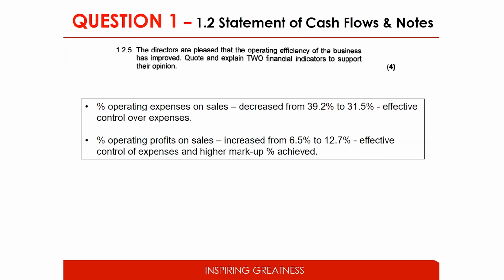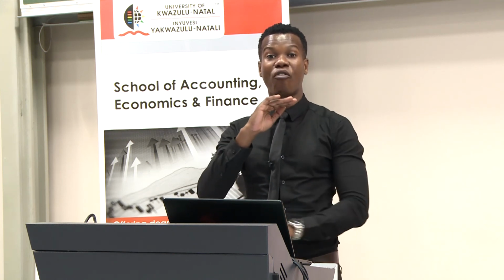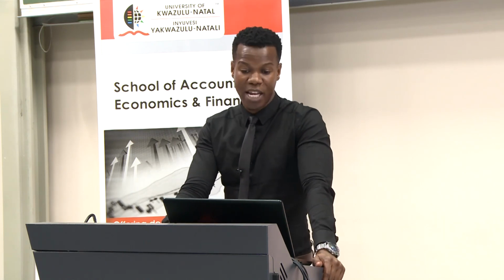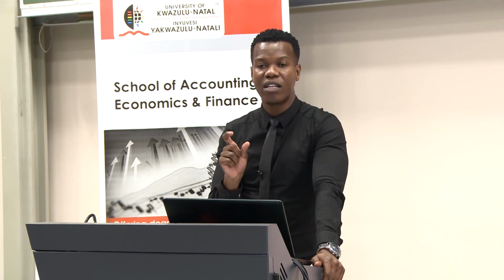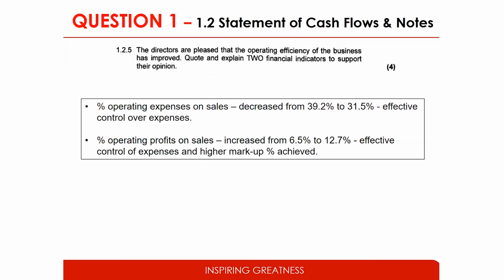In any business setting, you want to have more income and less expenses so that you can have that net profit increasing, and then your shareholders will be happy with your efforts as management. So here, the operating expenses in relation to the sales that we have made have decreased from 39.2% to 31.5%.